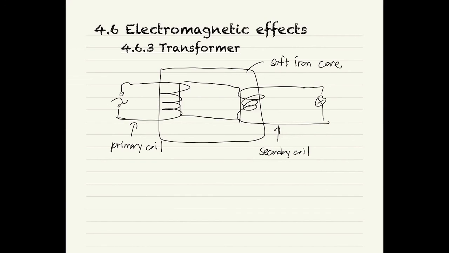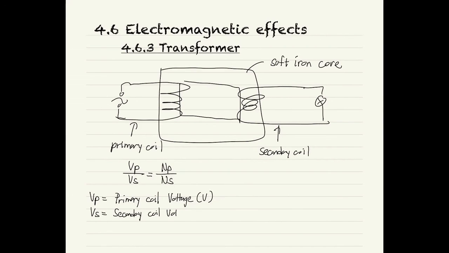There are two formulas related to transformer. Vp over Vs equal to Np over Ns. Vp is primary coil voltage. Vs is secondary coil voltage.